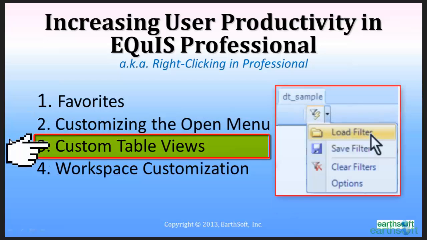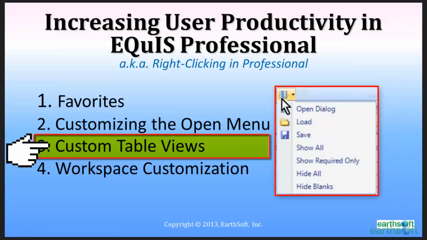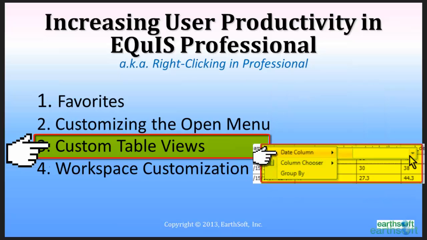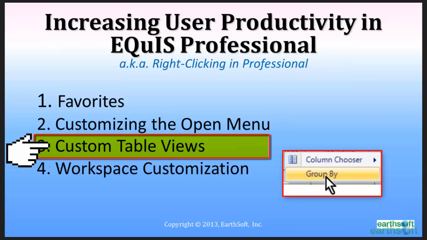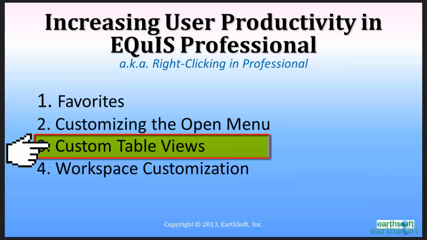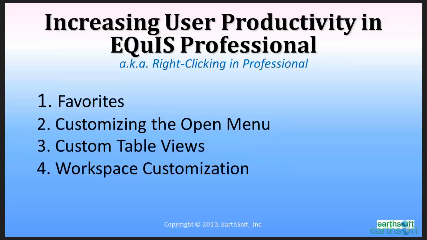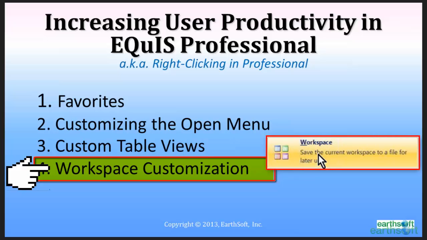Looking at table views, setting your filters, your pins, your column choosers, and looking at ways to sort the data and keep only the data you want to see up there, and not have a lot of extraneous data that takes up space and attention. And then finally, we'll look at workspace customization, which will help you maximize your workspace.